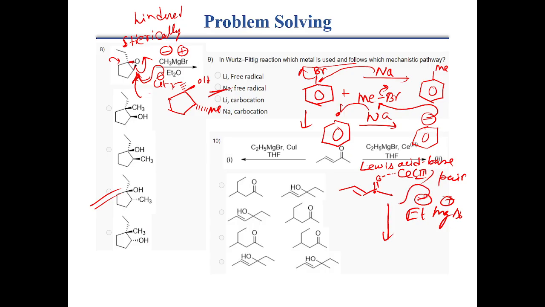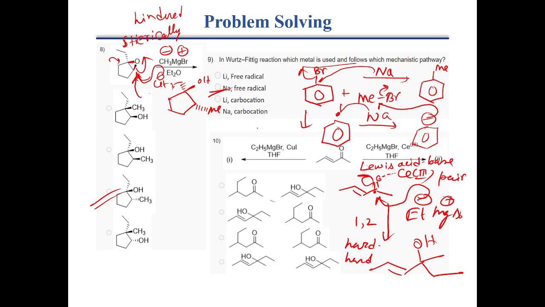So now this ethyl will attack the carbonyl group and form this alcohol. This is 1,2 attack happening here, a 1,2 hard attack. Carbon is hard and ethyl magnesium bromide is also hard.